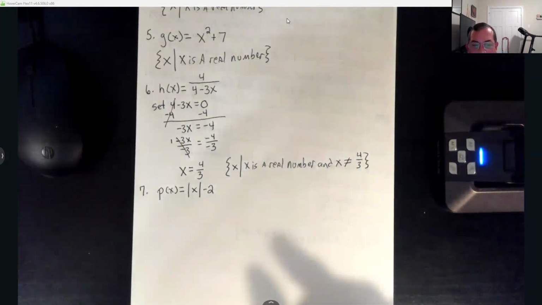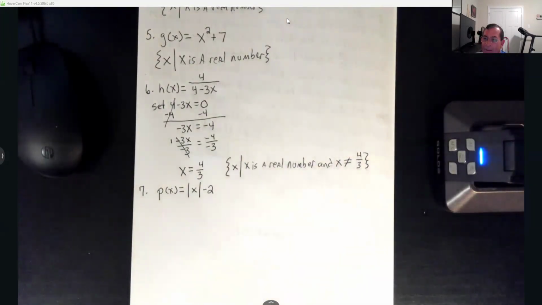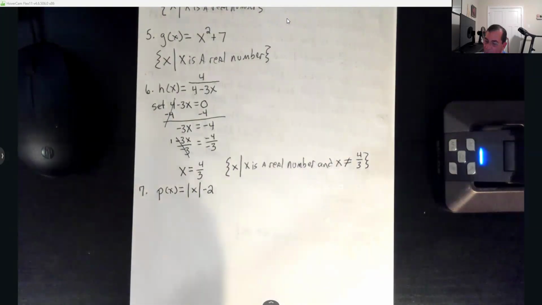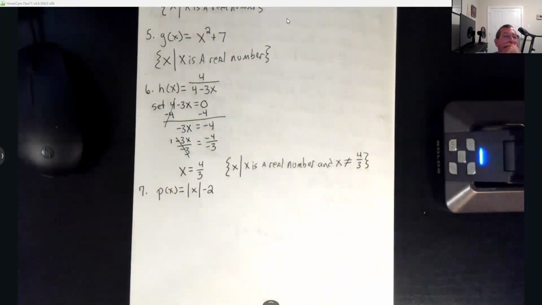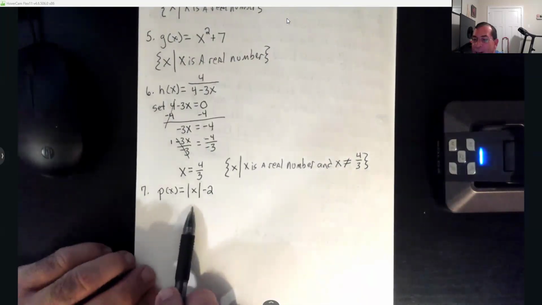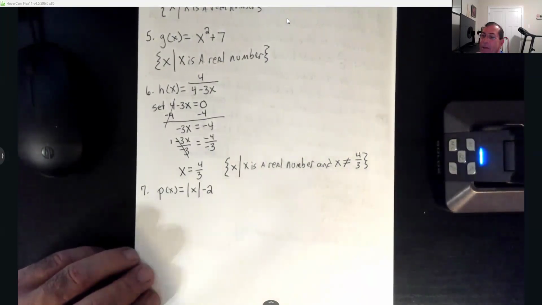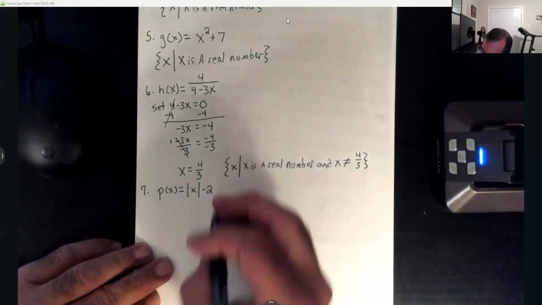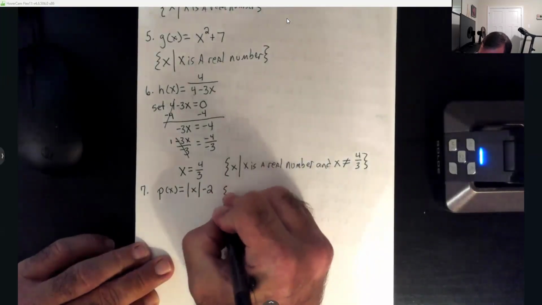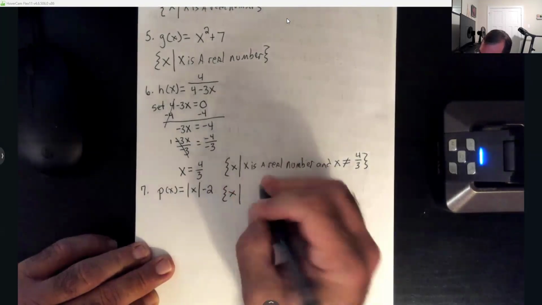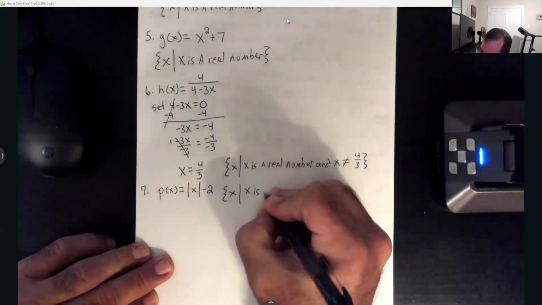So now they're throwing the absolute value at you. So the question is, what's the domain? Well, that was quick, but all real numbers, right? There's not a fraction here. Any number you put in there for the x, I can take the absolute value of it and subtract 2. That'll give me a real number in the long run. So good job. X such that x is a real number.